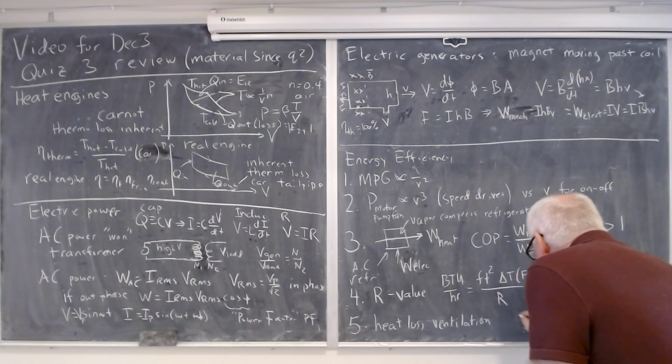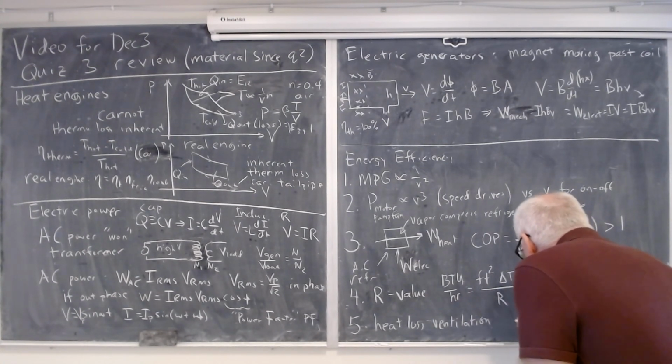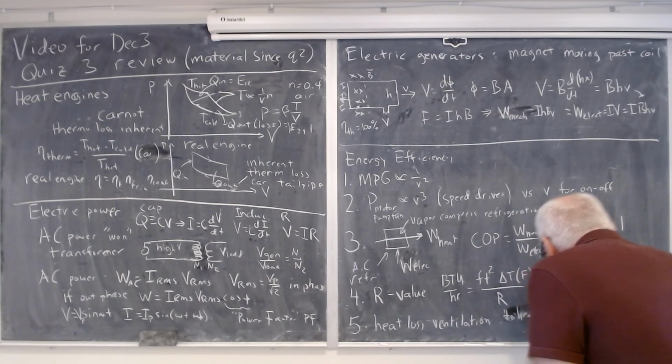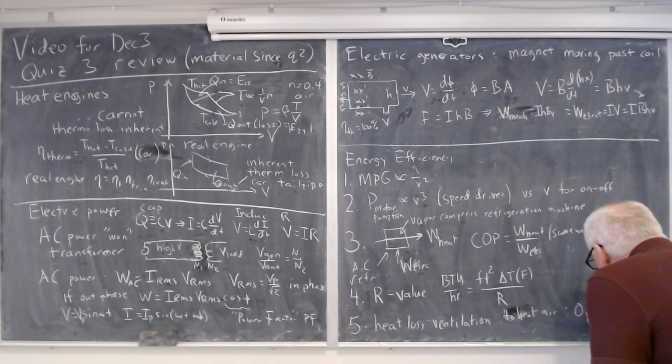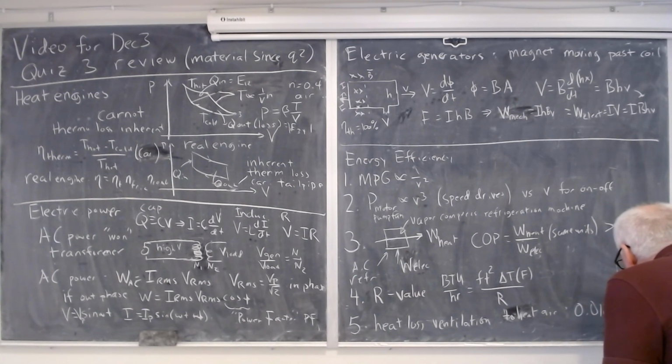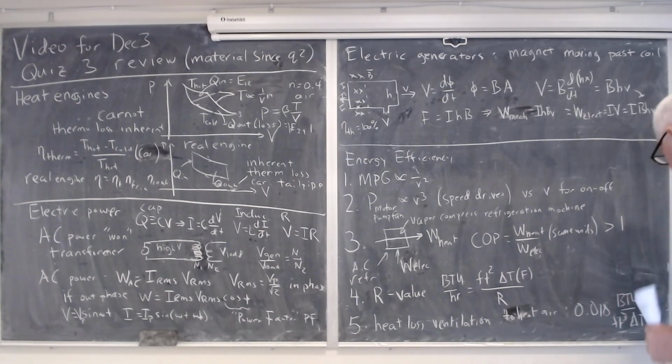And you learned that, I'll just write it up, the heat content to heat air, you need 0.018 BTU per cubic foot per delta T in F. That's it. I think I was going to mention something here.